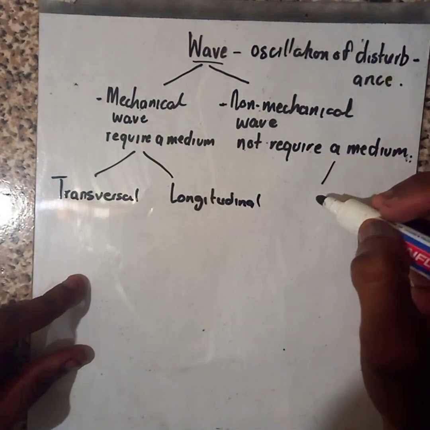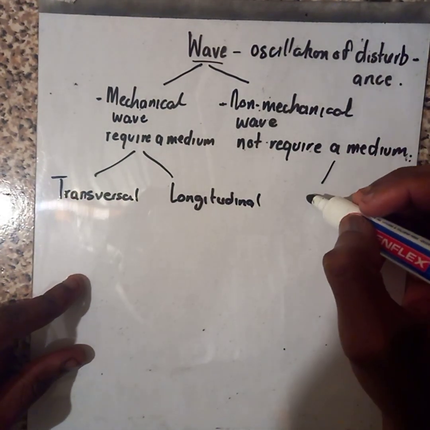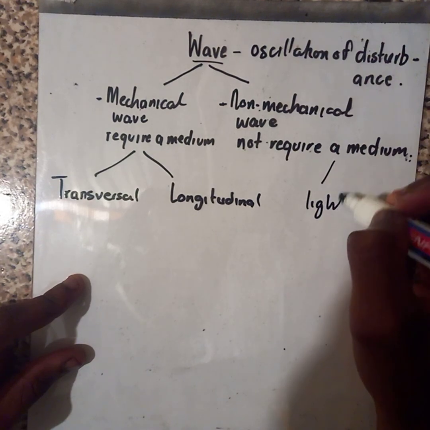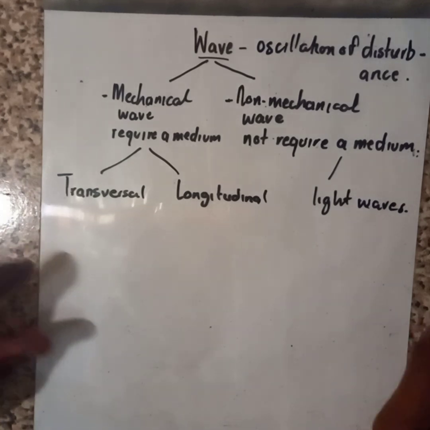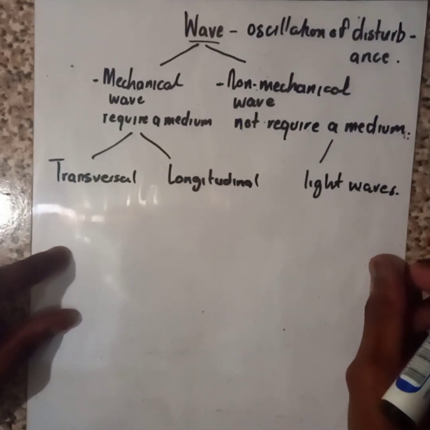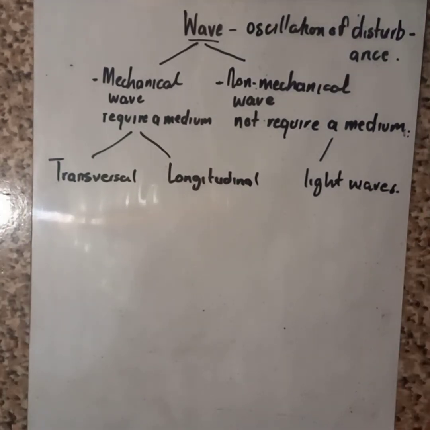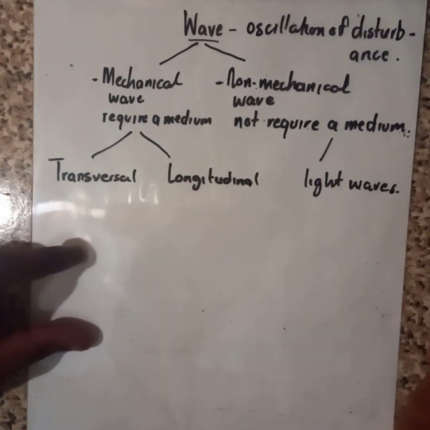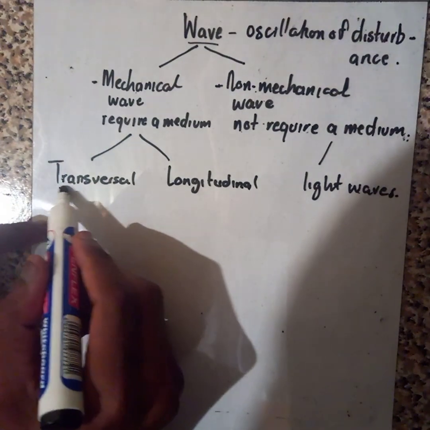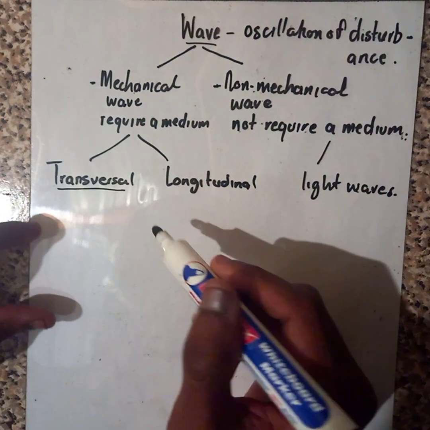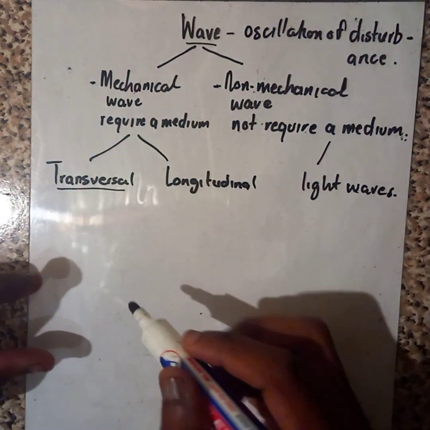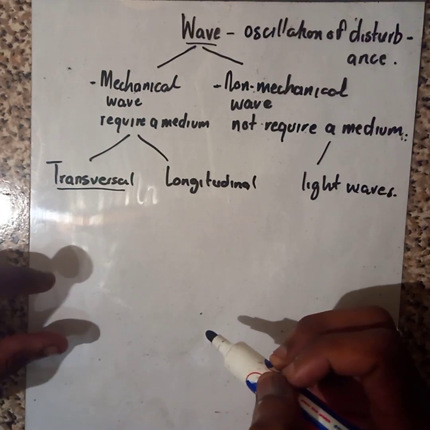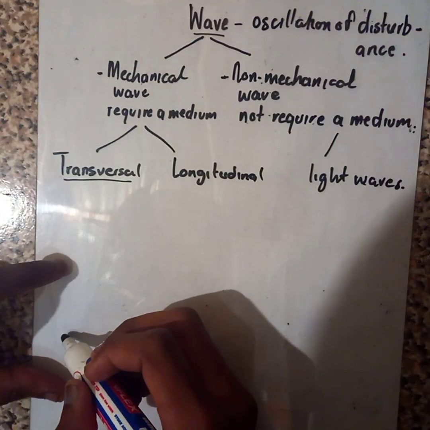Then as for non-mechanical waves, we have light waves. For the sake of this video today, I'm going to dwell mostly on the transversal waves. What are those? Let me just give you a diagram first.